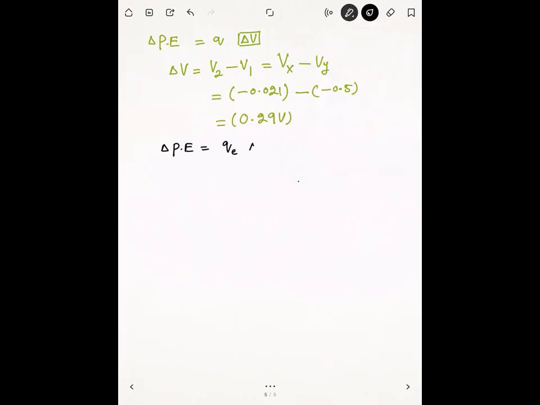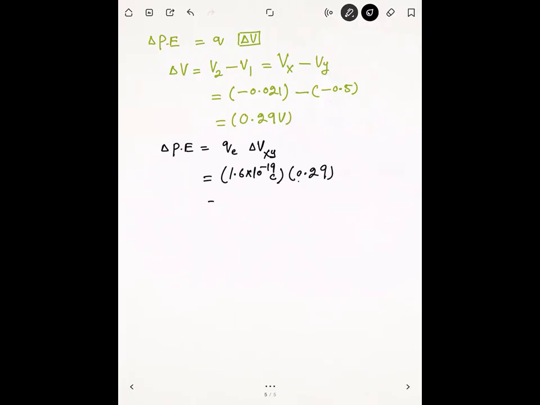Charge of electron into delta V between the points which are X and Y. So charge of electron is 1.6 into 10 power minus 19 coulombs. And the difference of potential is 0.29 volts.